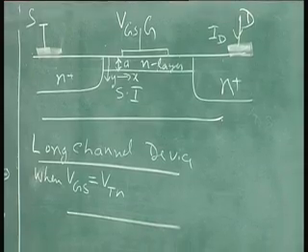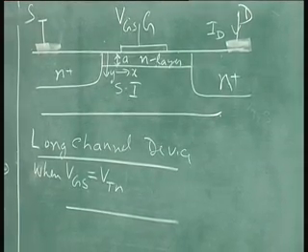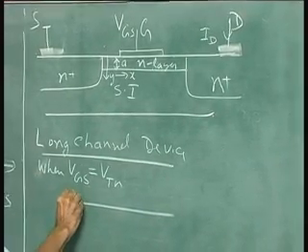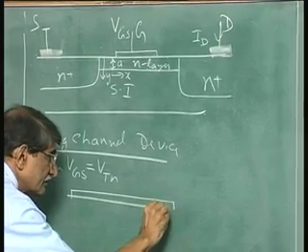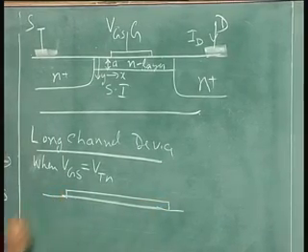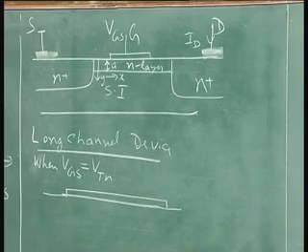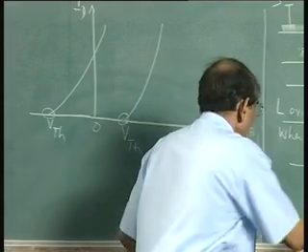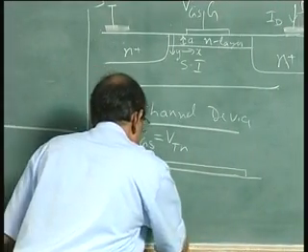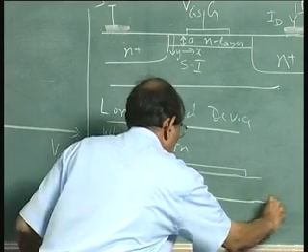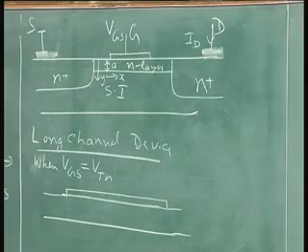Let me just plot it right here. I will take a long channel device. Okay. So, when I take VGS equal to VTN, what is the meaning of that? The meaning is the depletion layer has closed at the source end.